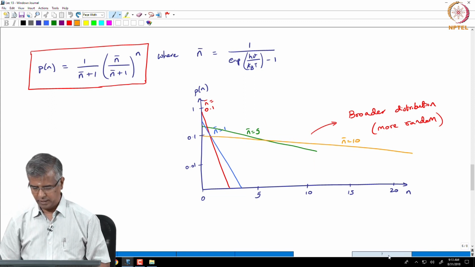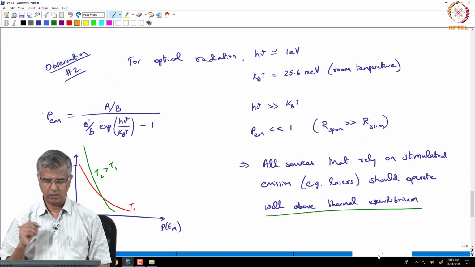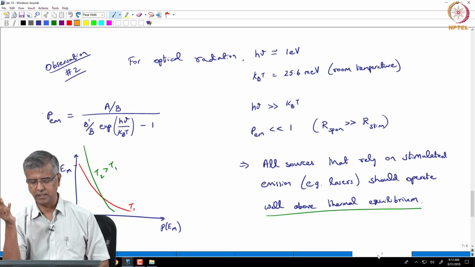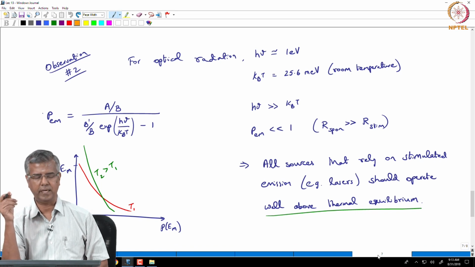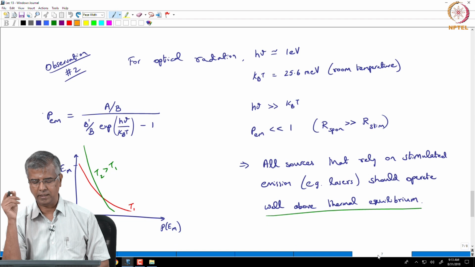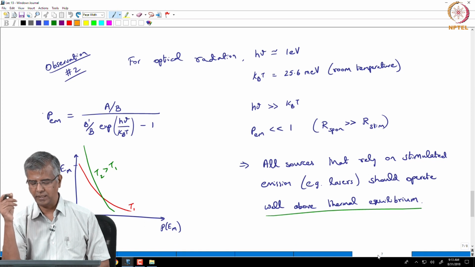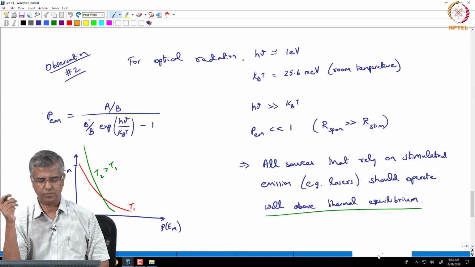So then the next observation we made was optical radiation. If you are emitting optical radiation, then optical radiation has an energy that's much higher than thermal energy, at least at room temperature. So if that's the case, then the probability of stimulated emission is very low.